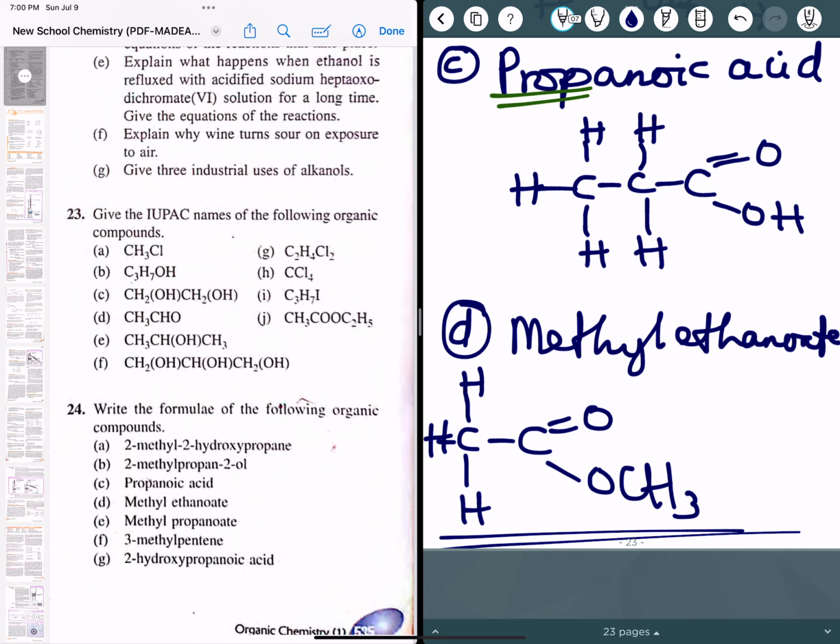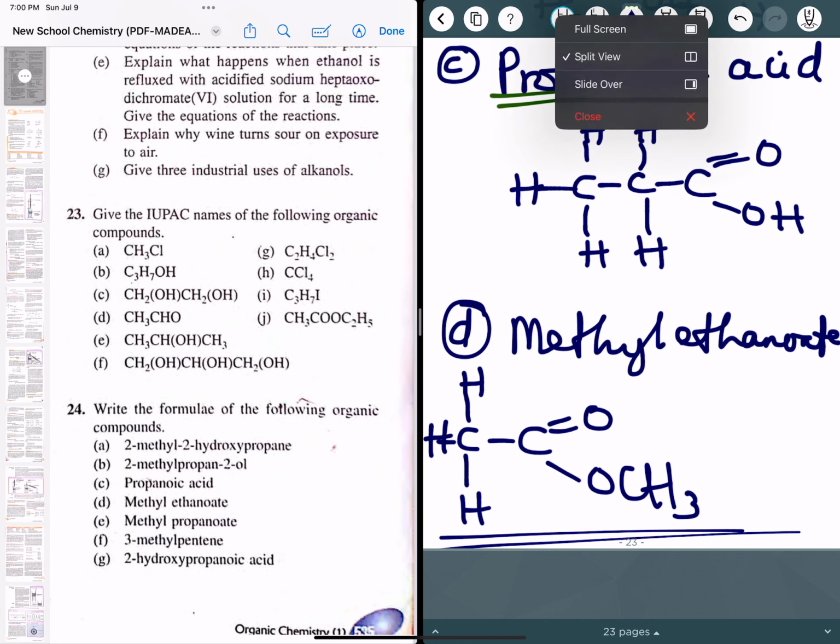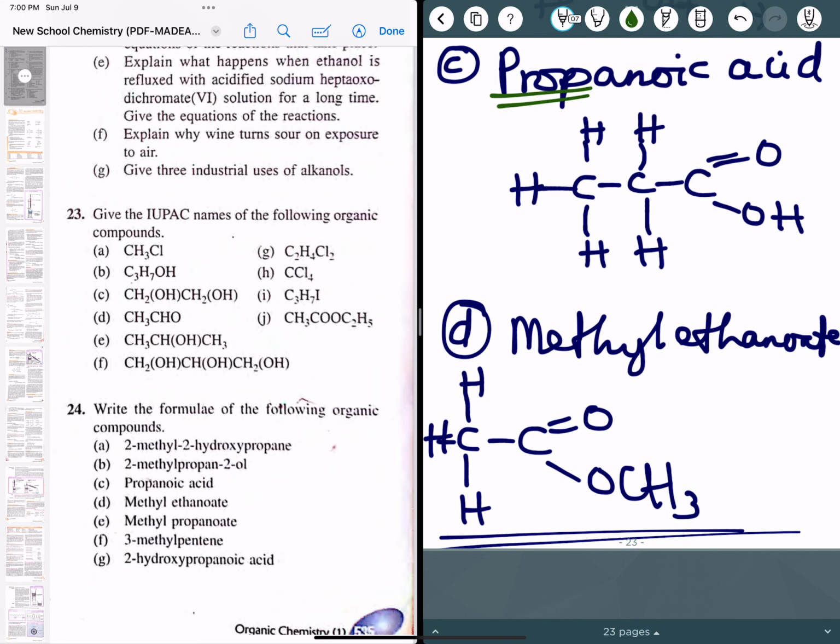But this is more of a structural formula. So the molecular formula will be, starting from the left, CH3COOCH3. That's methyl ethanoate, methyl, then ethanoate.